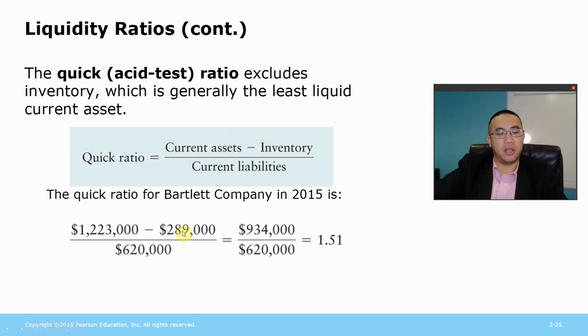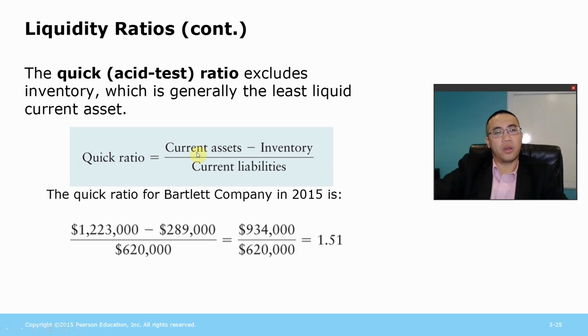That's how you calculate a quick ratio based on the numbers on the financial statement. I'm not going to cover how you calculate this number. It's pretty easy as long as you can find the numbers in the right place in the financial statements. And you're also going to do similar practice in the financial project and assignment.